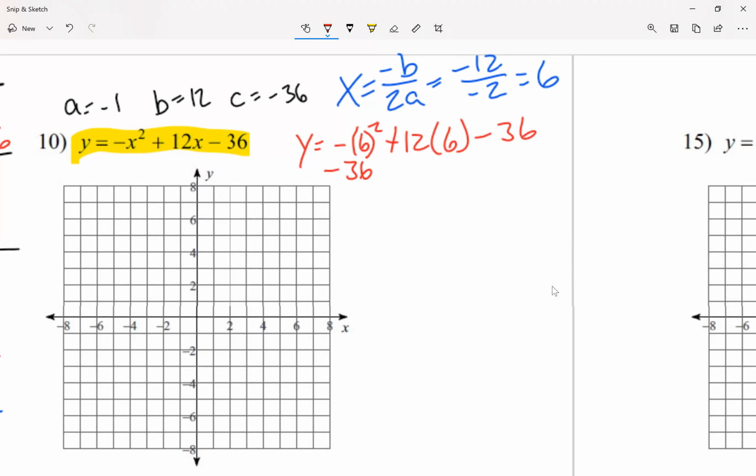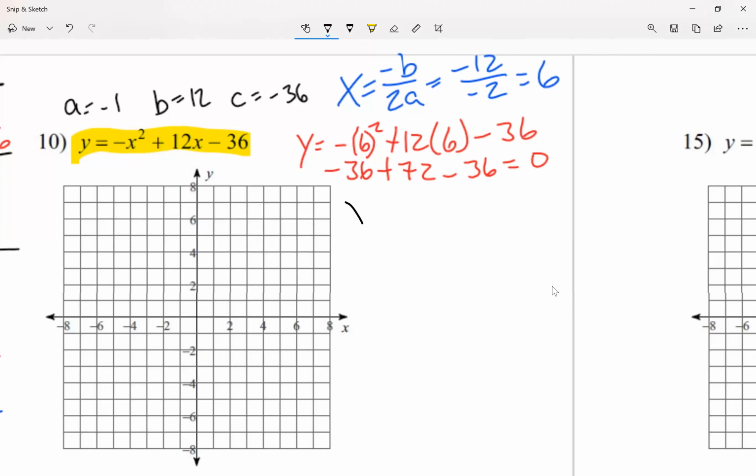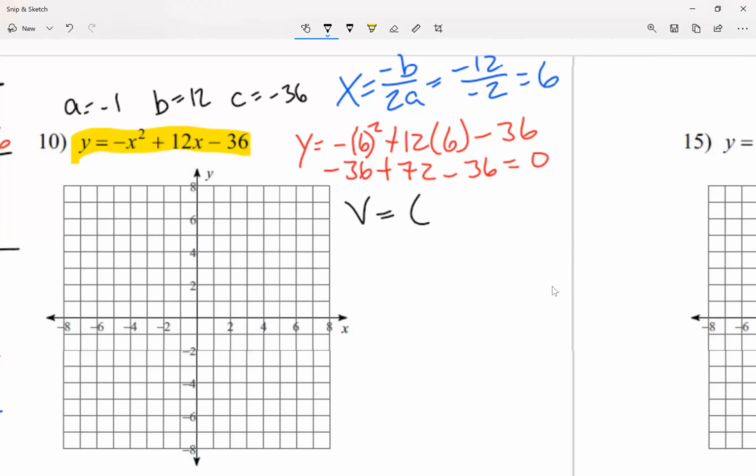Remember, I do the 6 squared, and then I deal with the negative, so negative 36 plus 72, right? 12 times 6 is 72, minus 36. Negative 36 plus 72 minus 36 is 0. So my vertex is the point 6, 0.